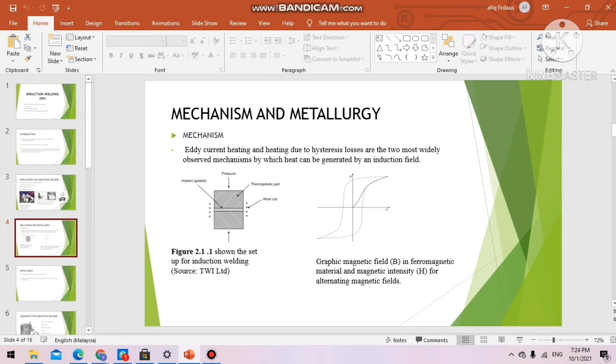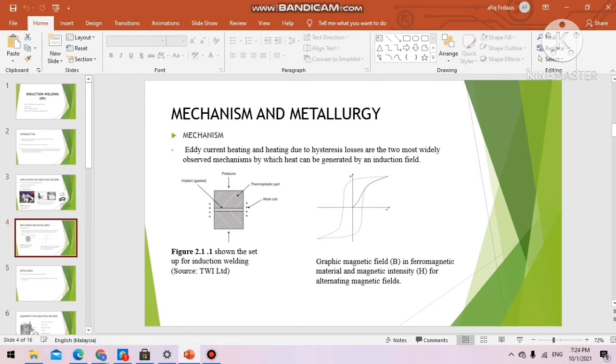Due to hysteresis loss, ferromagnetic materials such as stainless steel and iron often heat up under a alternating magnetic field. The ferromagnetic material is magnetized and the magnetic strength increases as the magnetic field increases.